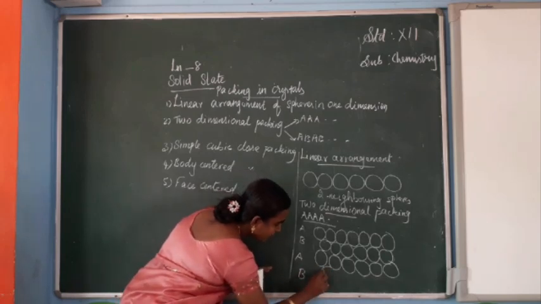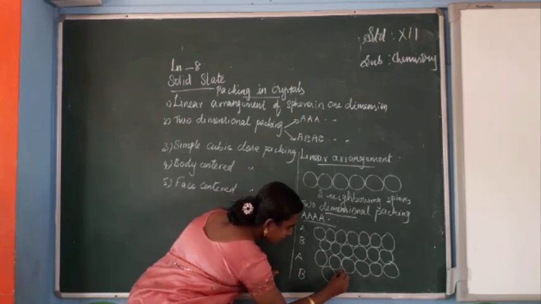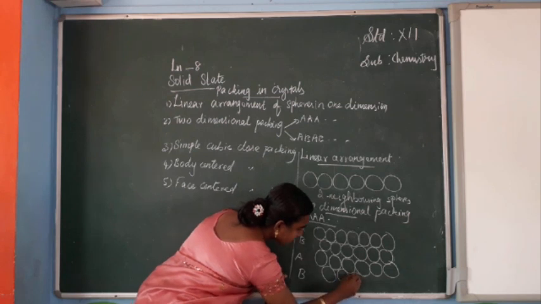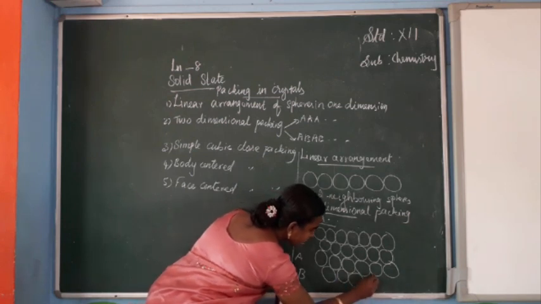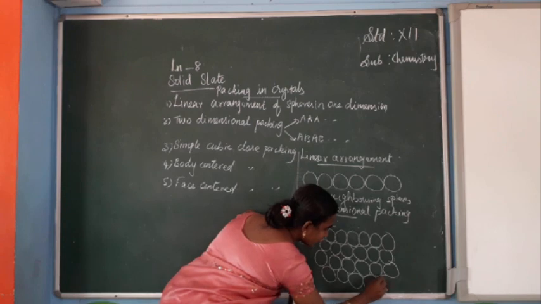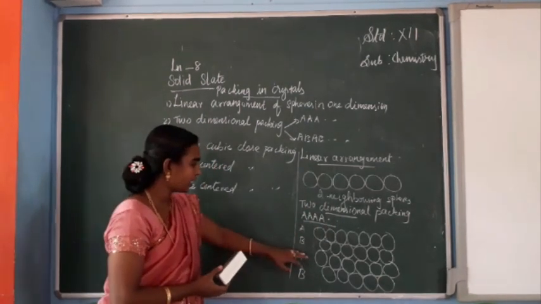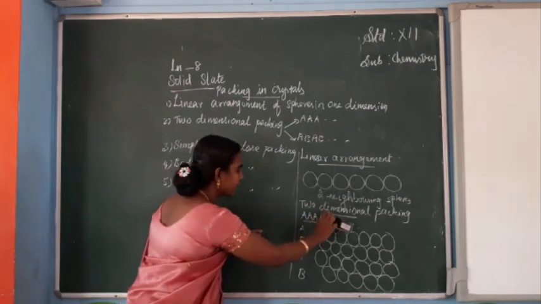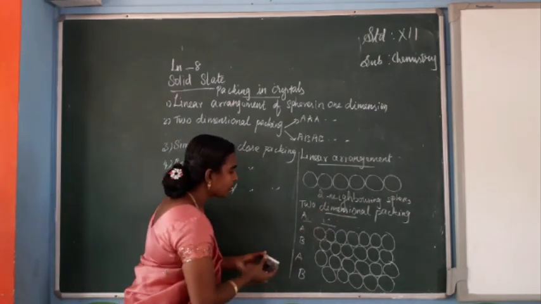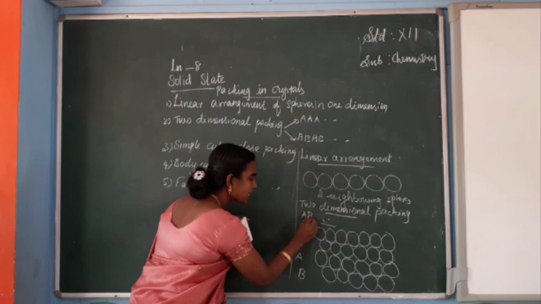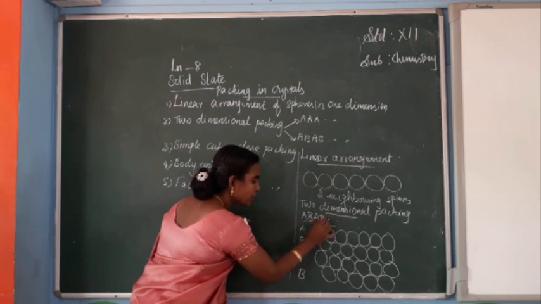The B layer should be in the depression of this layer. Such a type of arrangement is called AB type. Is it clear? So, the same as in one dimension.